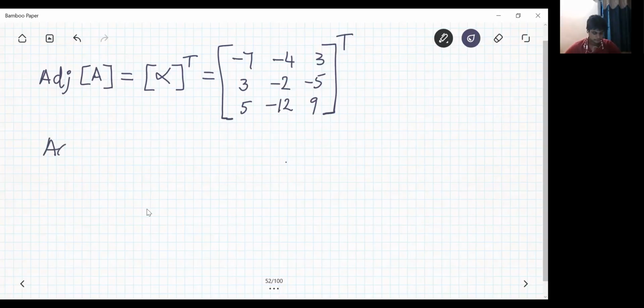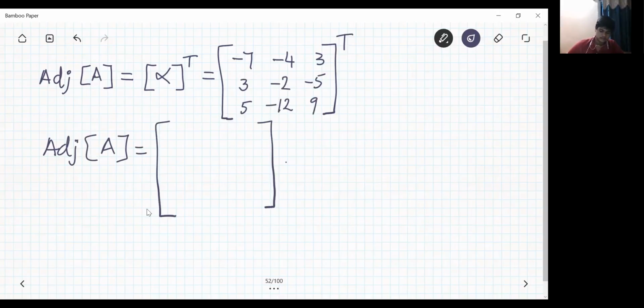So the adjoint is equal to minus 7, minus 4, 3; 3, minus 2, minus 5; 5, minus 12, 9. So the first row, we write it as the first column.